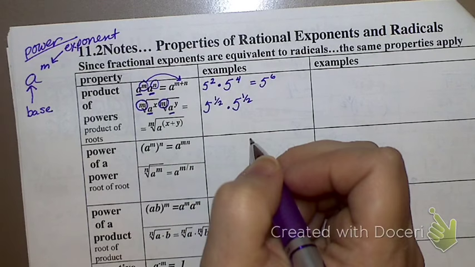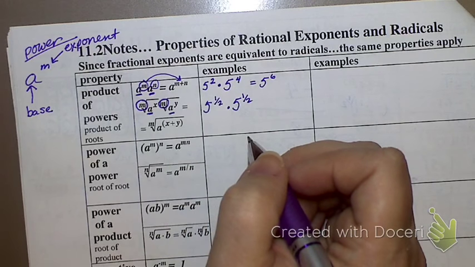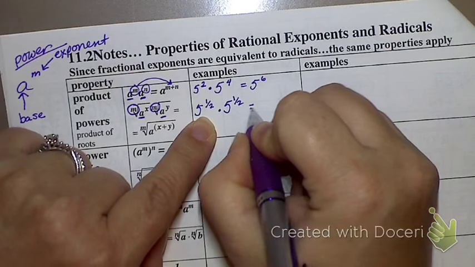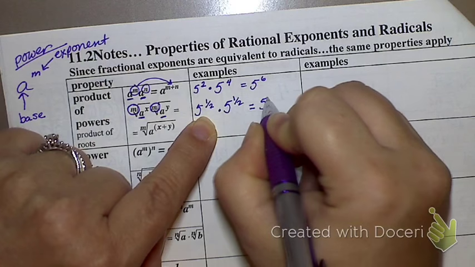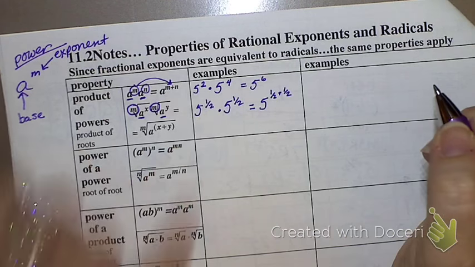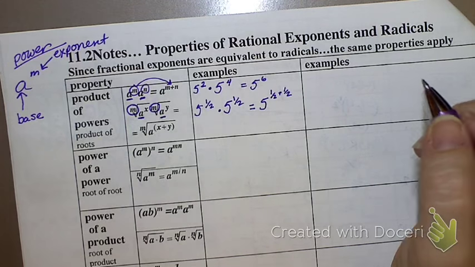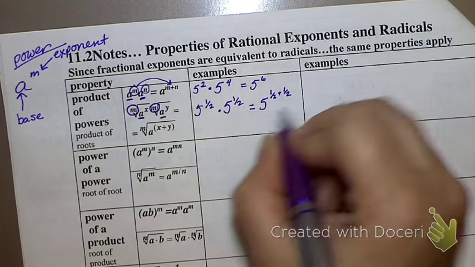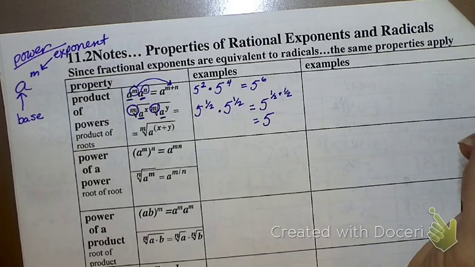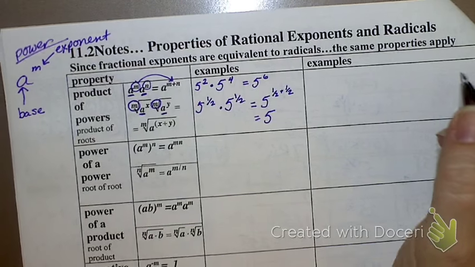I prefer to change it to exponent form because then I can clearly see that the bases match. So, if I have 5 to the 1/2 times 5 to the 1/2, that would be 5 to the 1/2 plus 1/2. Right? What is 1/2 plus 1/2? 1. So that would just equal 5 to the 2/2 or 5 to the first. So all that's a long way of saying even if your exponents are fractions, do the same thing to them. Okay?